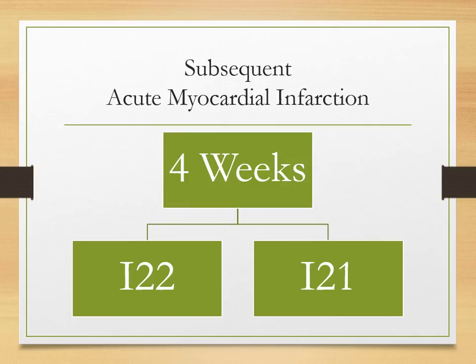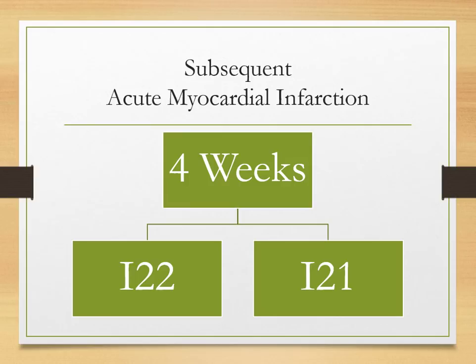Here's the thing. A code from category I-22, this is the subsequent one, must be used in conjunction with the code from category I-21, which we talked about. I-21, those are your STEMIs and your non-STEMIs.